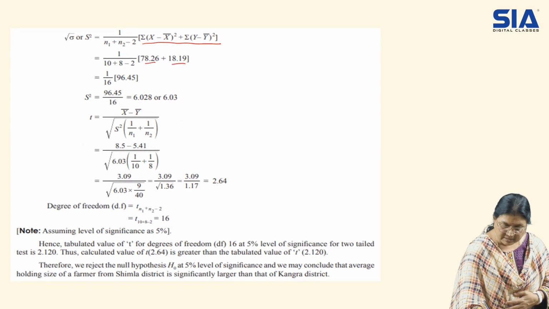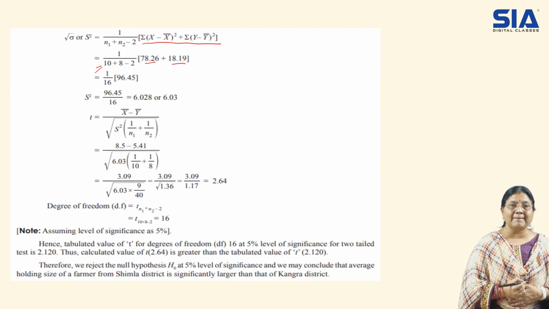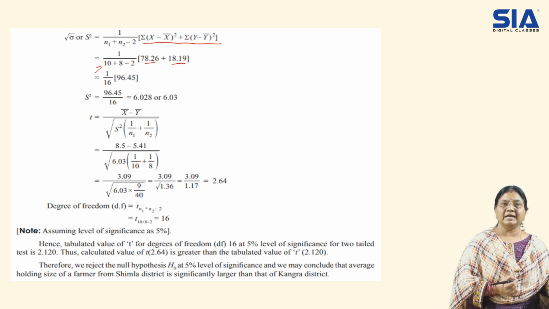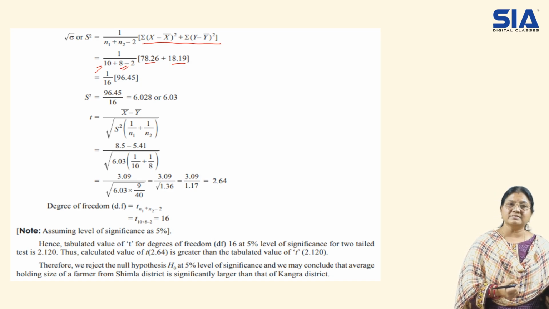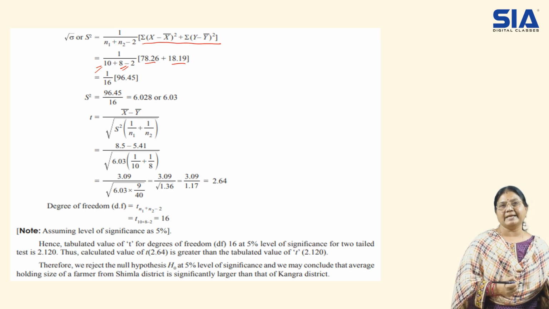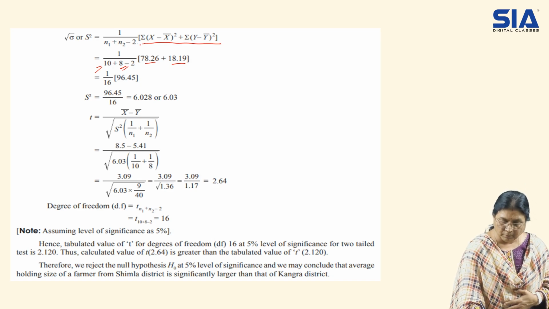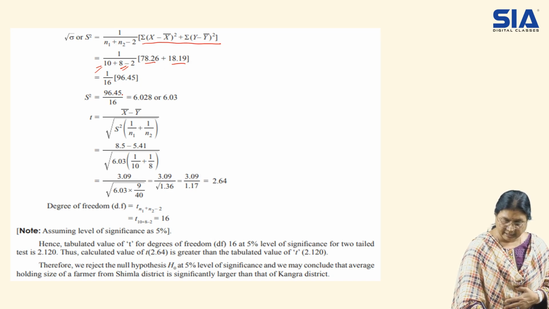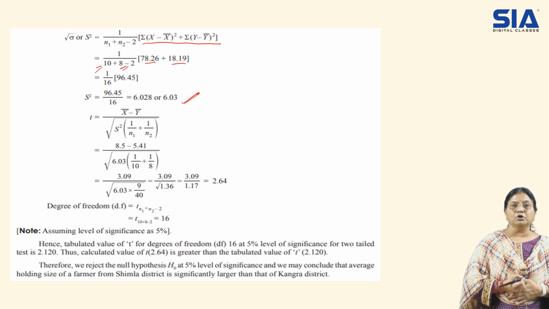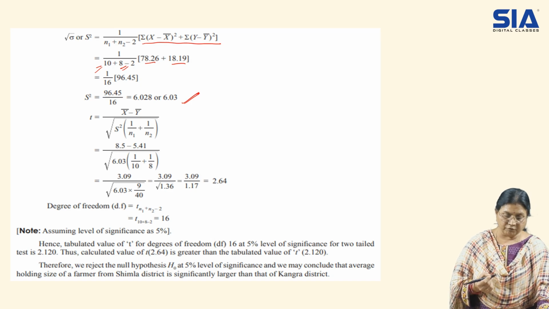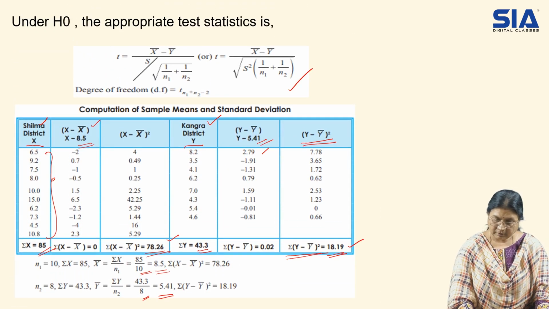Then n1 is 10, the sample size we have taken for x, set 1, Shimla district, and for Kangra district, set 2, we have taken y, which is 8. So n1 plus n2 minus 2 is 10 plus 8 minus 2, and it comes to 94.45 by 16. So the value of s square is 6.028.